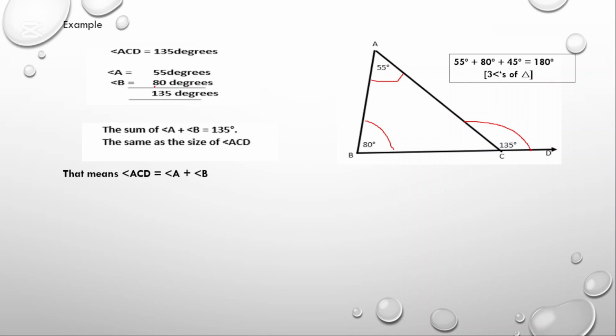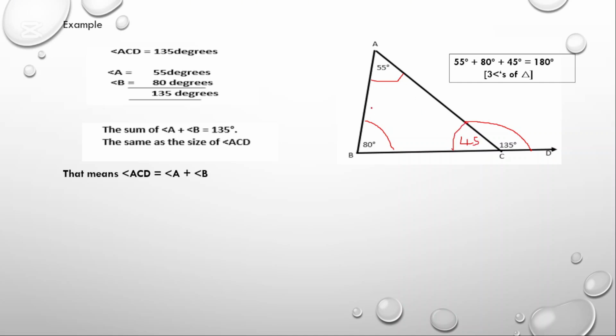If we add these two together, we get 135 degrees. So the sum of A plus B, 55 plus 80, is exactly the same as the size of the exterior angle. Same, right? This one, if this one is 135, this one is 45, right? 45 degrees, because they're on a straight line.